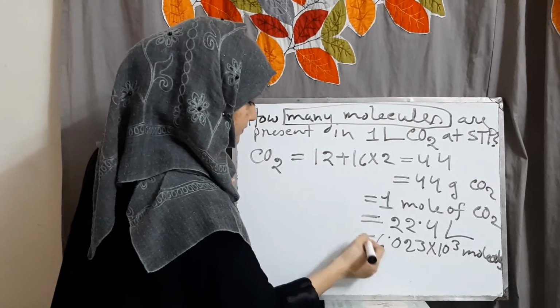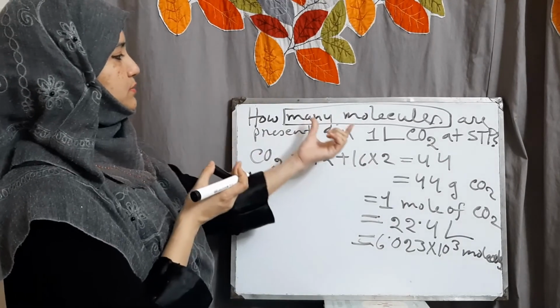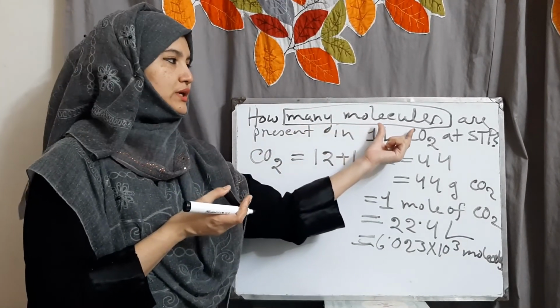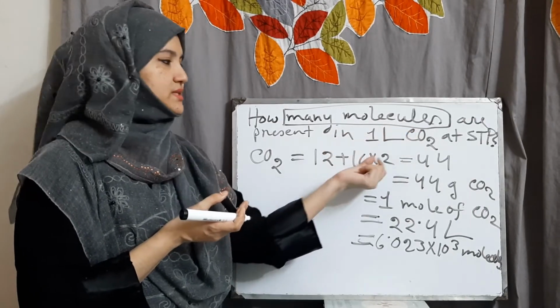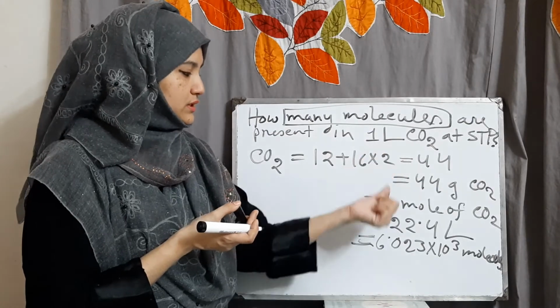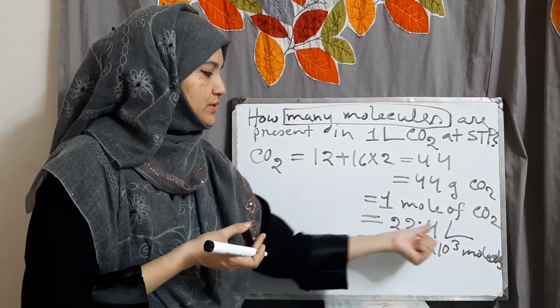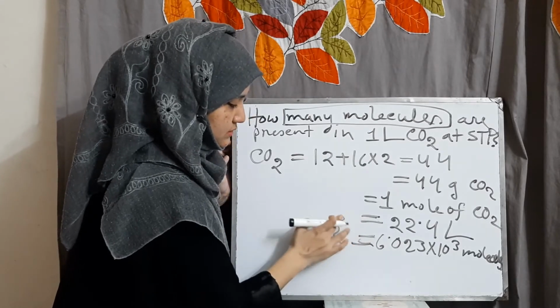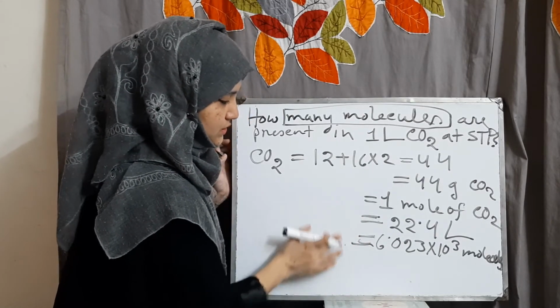Now look at the problem. How many carbon dioxide molecules are present in 1 liter carbon dioxide? That means we need this volume, these two relations, these two quantities.